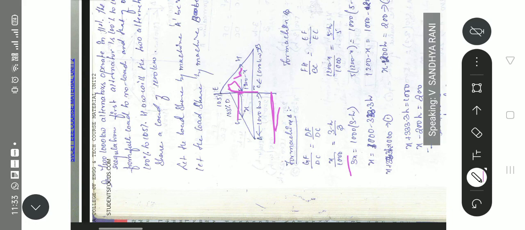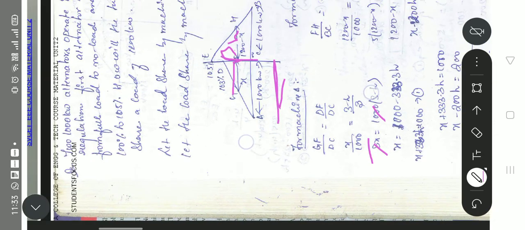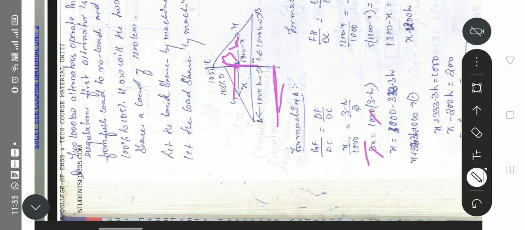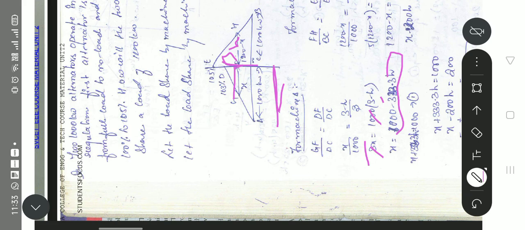From cross multiplication we get 3X is equal to 1000 into 3 minus H. Dividing by 3, we get X is equal to 1000 minus 333.33 H. This is the first equation.